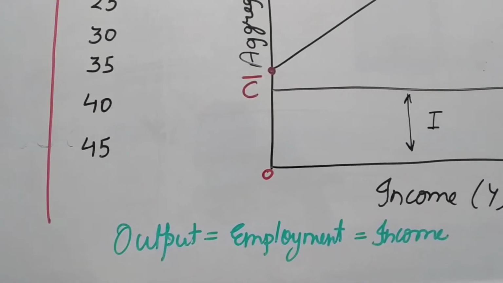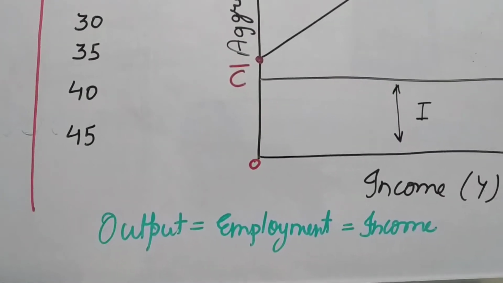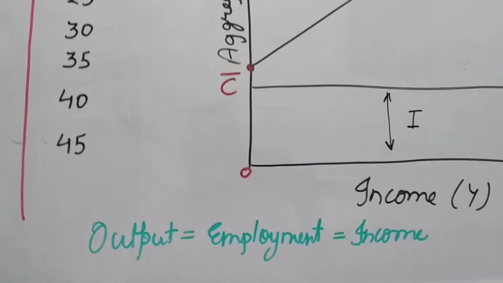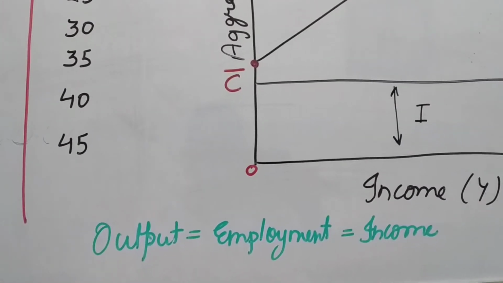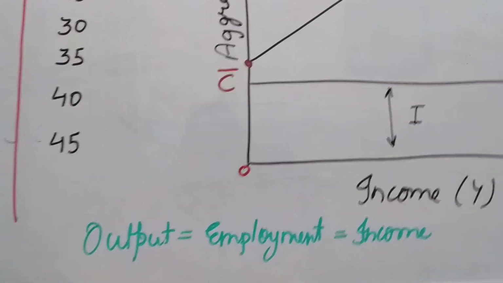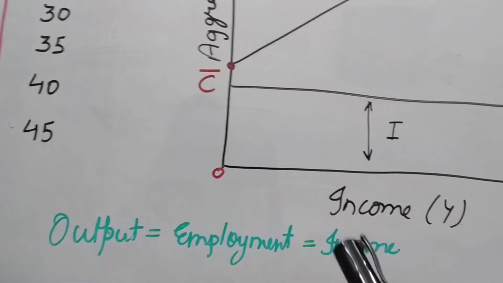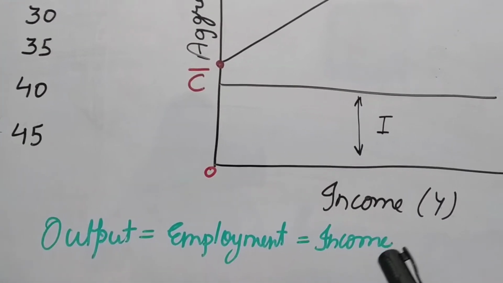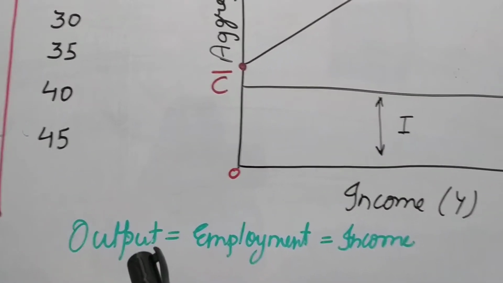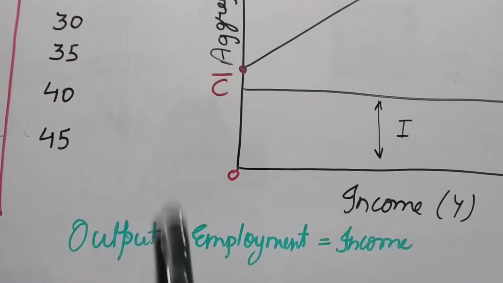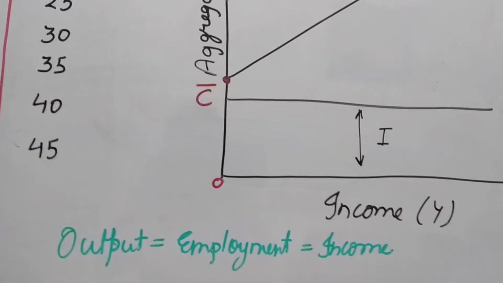And the circular flow of income also I have discussed in the first unit: firms are producing, so they are giving employment to the people. When they get the employment, they are getting income, so the people do expenditure, and expenditure again goes back in the form of output. So that's why according to Keynes, output, employment, and income are all equal to each other.